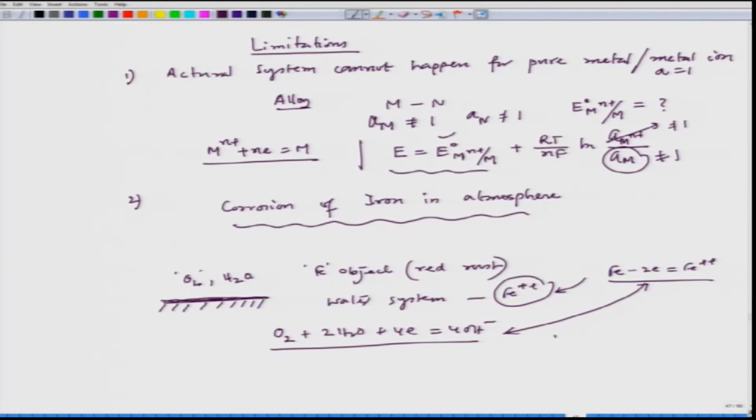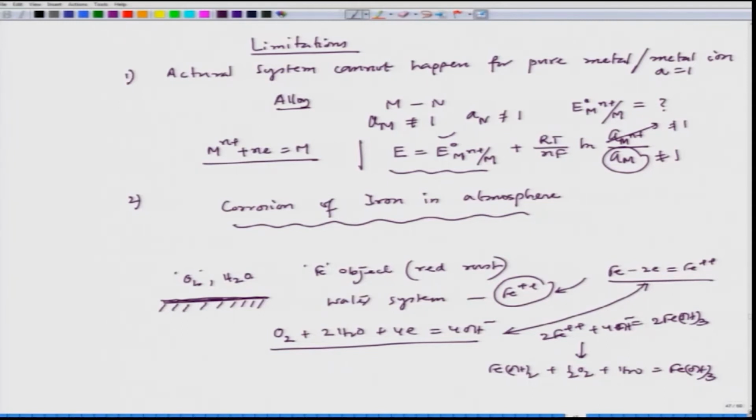And then we have a combination of these to form Fe(OH)3, and later it again gets oxidized. So Fe(OH)2 plus half O2 plus H2O equals Fe(OH)3.